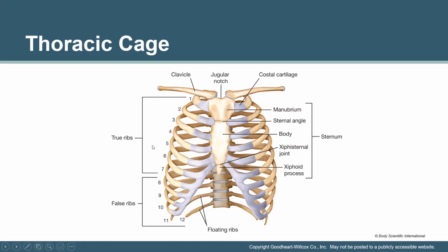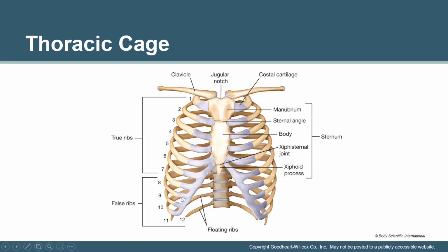You have 12 ribs, you likely know that. Interestingly, you have 12 thoracic vertebrae. But there are different kinds of ribs. We're going to go through the classification. Ribs 1 through 7 are classified as true ribs, and that has to do with how they connect to the sternum. They have a direct linkage, or fairly direct linkage, to the sternum. Then you have ribs 8 through 12.